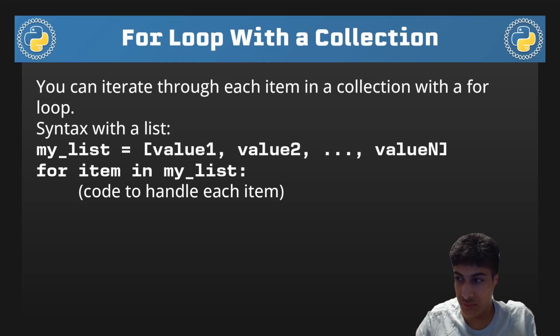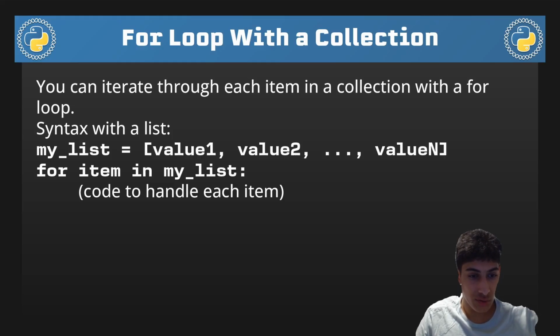So the first type of loop that we're going to be looking at is a for loop. For loops allow us to iterate through each item in a collection like a list or dictionary. So here's some example syntax with a list. You can see the creation of the list at the top, and then below that, you can see the for loop.